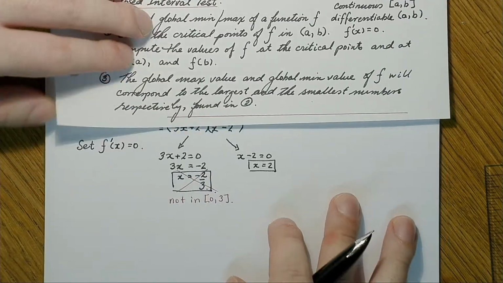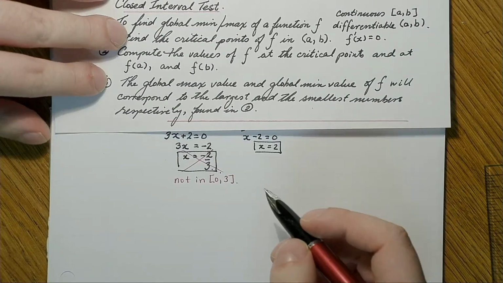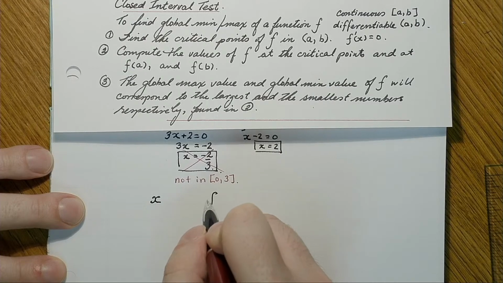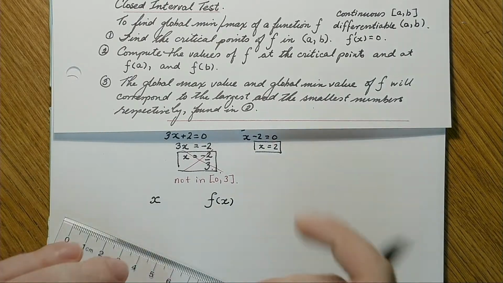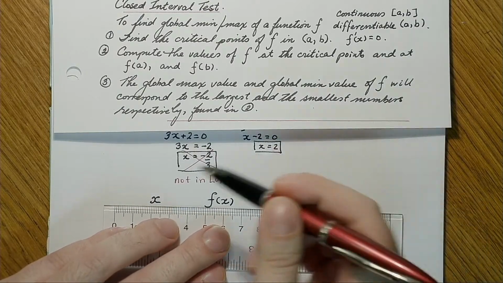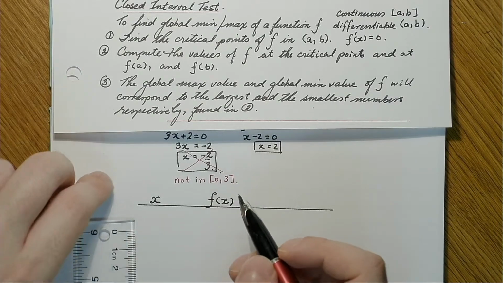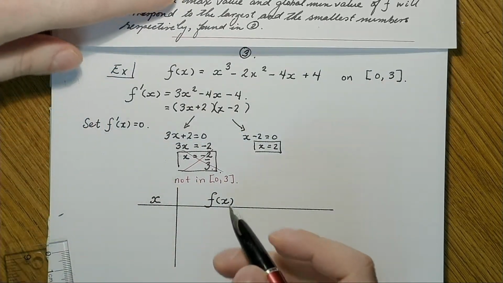Okay, so I got that. So I have my critical value. Now I'm going to create a table. There we go.